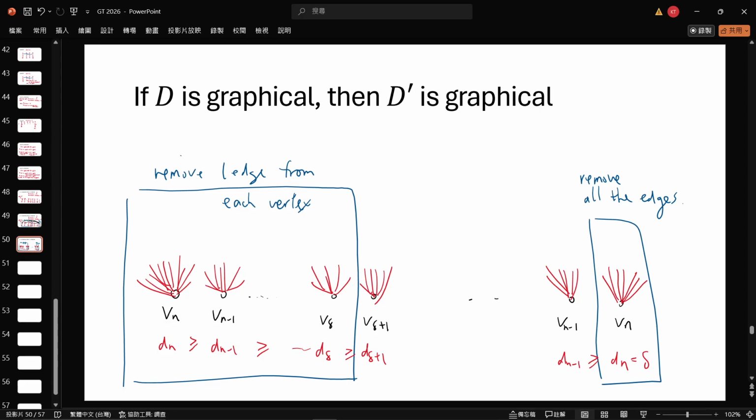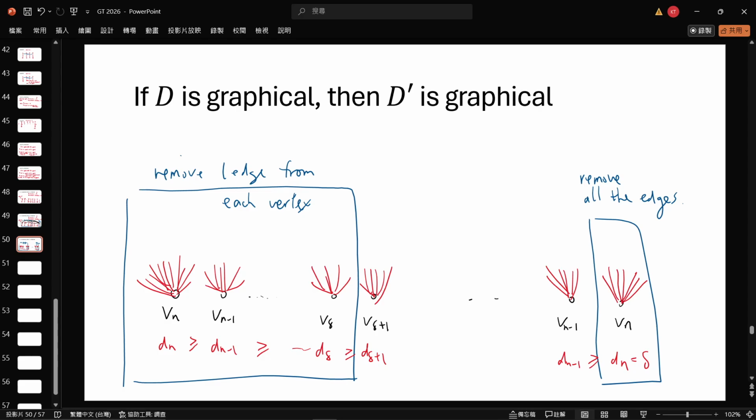So how to remove edges? Well, there are two cases. The first one is very easy. What if I tell you that Vn is adjacent to Vn minus 1, Vn minus 2, down to V delta.